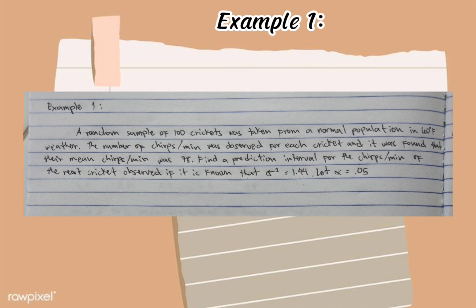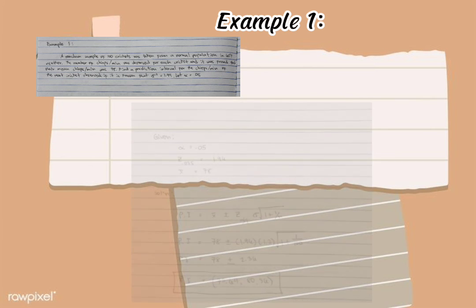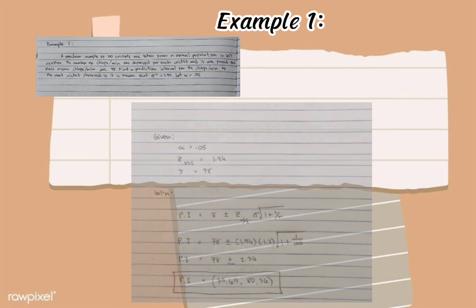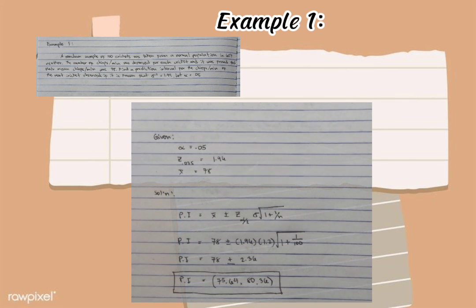Find a prediction interval for the chirps per minute of the next cricket observed if it is known that sigma squared is equal to 1.44 and let alpha be equal to 0.05. So this is a 95% confidence prediction interval.